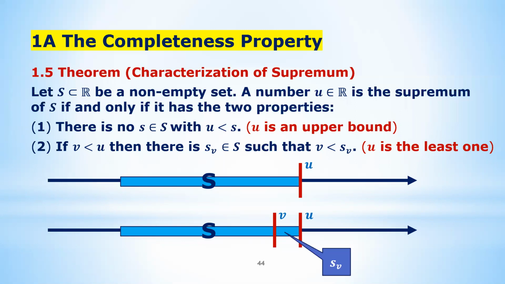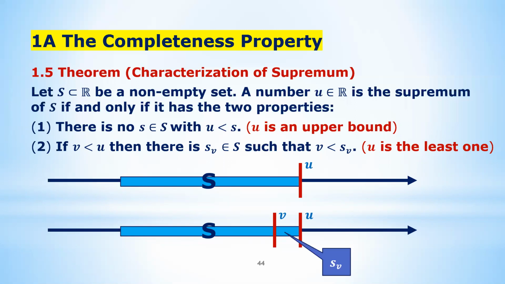So property two just tells us that U is the least one; you cannot have anything lower than that. Property one tells us that U is an upper bound, and property two shows that U is the least one. Together, these two properties show that U has to be the supremum of S.